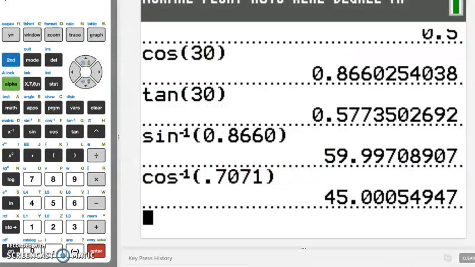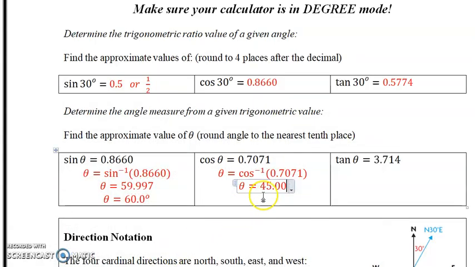Right? And that would be 45.0 degrees. Okay.